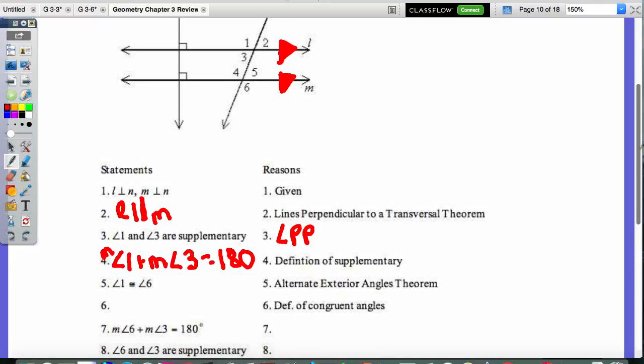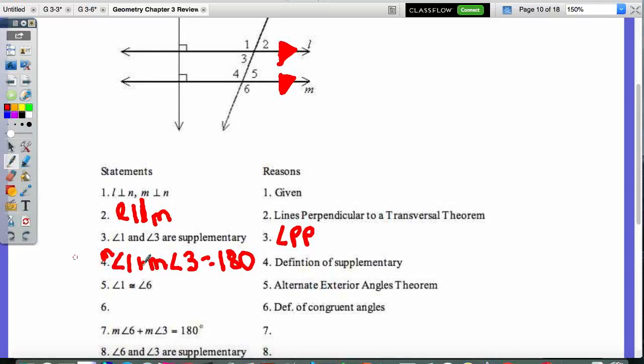Definition of congruent angles means that the measure of angle 1 is equal to the measure of angle 6.